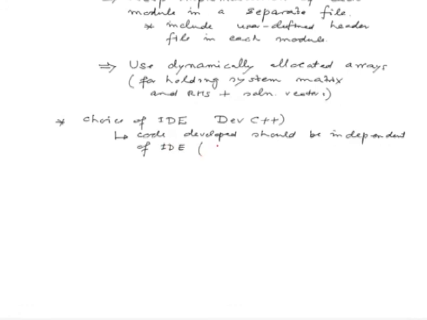So, this is what we refer to as portable code. So, the set of files which we have developed here, you can use it in any development environment. We choose Borland C++ or Visual Studio, Developer C++, Code Blocks or anything. You can take it on a Linux machine and you can use GCC compiler there by making use of a make file or just compiling all the files together, and it should work equally well.